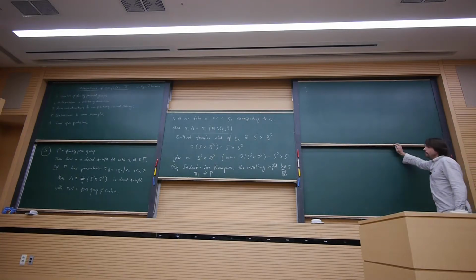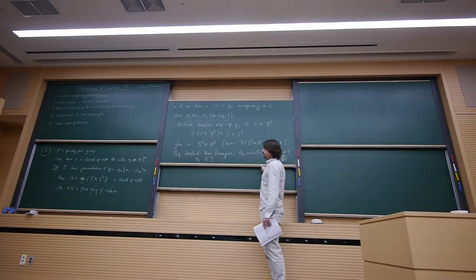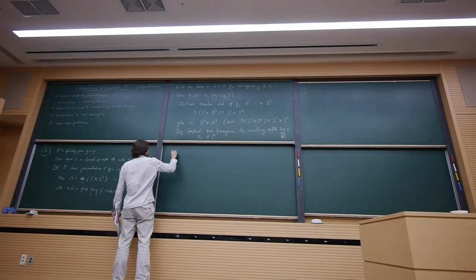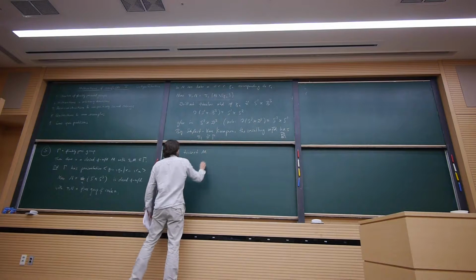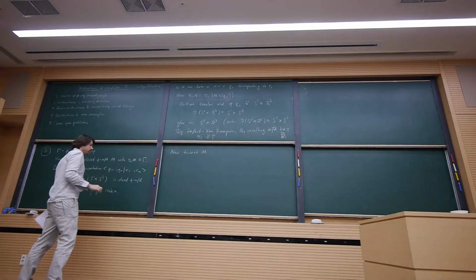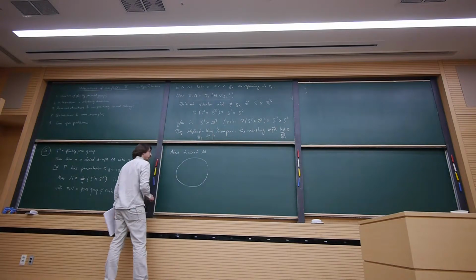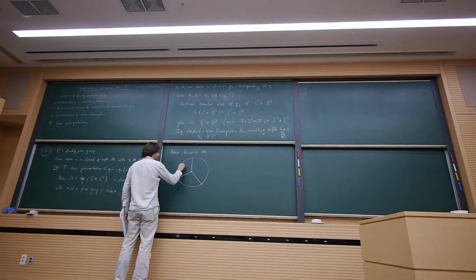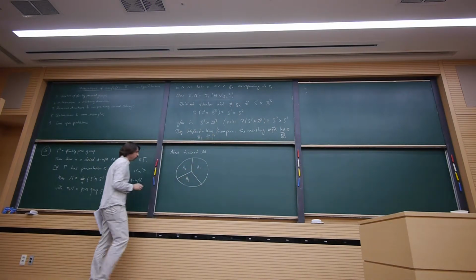Okay. And now that we have this, we can of course trisect our 4-manifold. Let's recall what this means. It means that I think of my 4-manifold as chopped up into 3 handlebodies, H0, H1, H2.